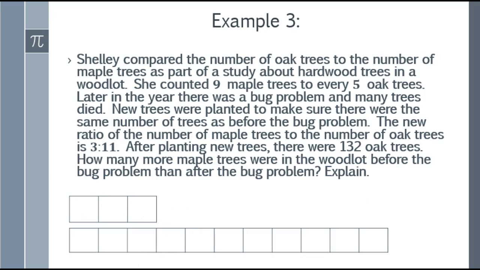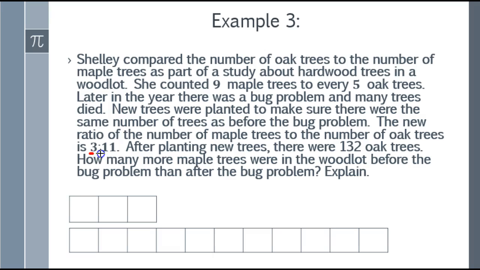So let's look at the solution. Let's work this one out. It says after planting new trees, there were 132 oak trees. How many more maple trees were in the woodlot before the bug problem than after? Well, we know that after the bug problem, we have a number for how many oak trees, so let's use that ratio.